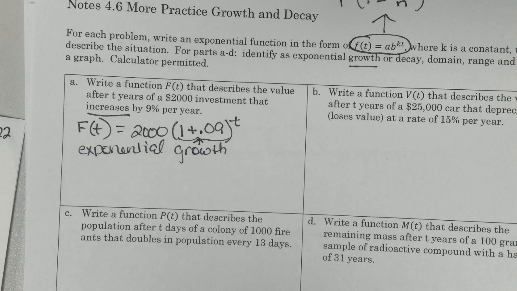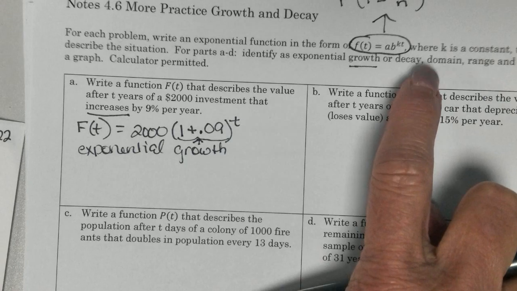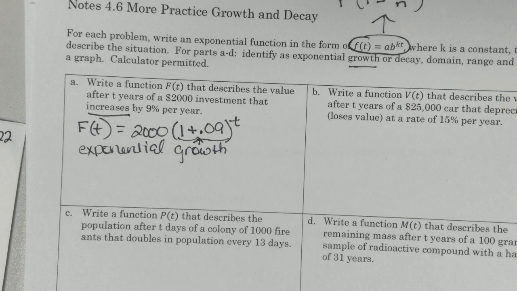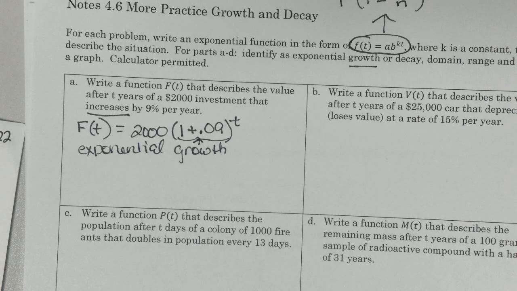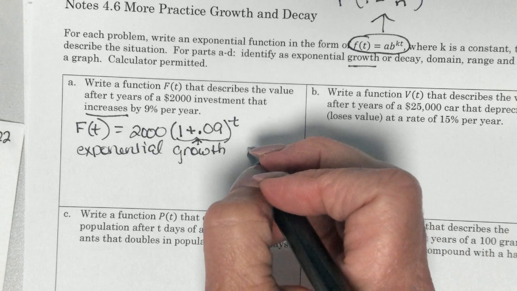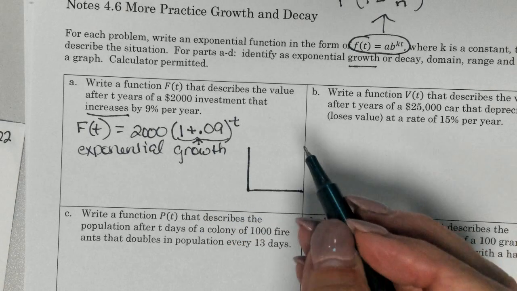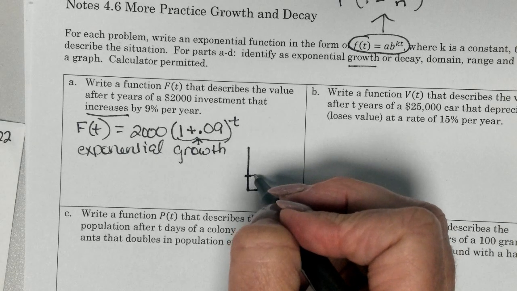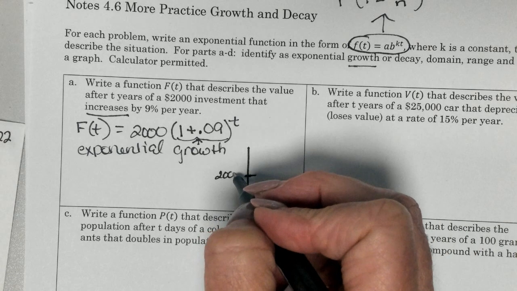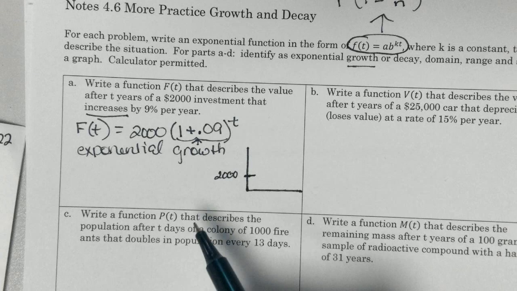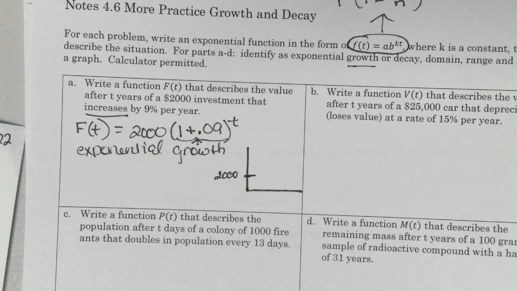Now, it says to describe the domain, range, and sketch a graph. So here's what I want you to think about. If you are investing $2,000, we are starting at $2,000, correct? All right. We don't need anything less than 2,000.